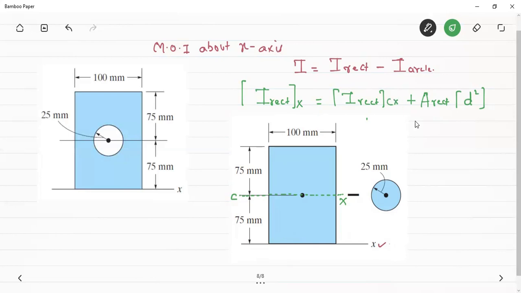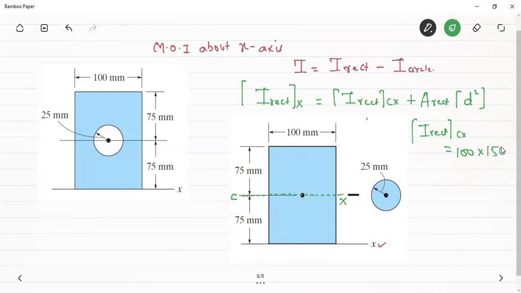So by the formula, we know I rectangle about its own centroidal x-axis is BD cube by 12. Now here B is equal to 100 and D is equal to 150.